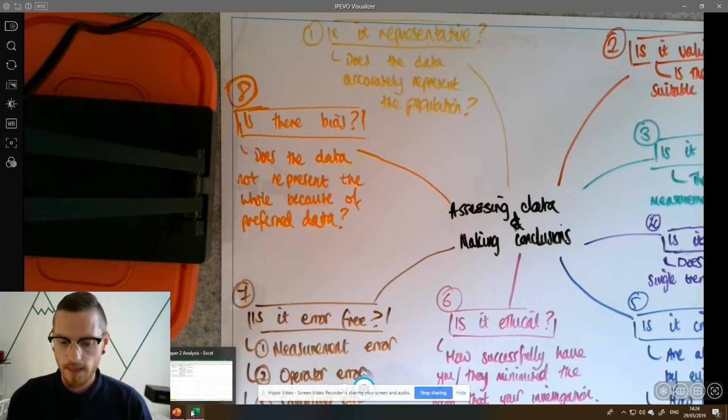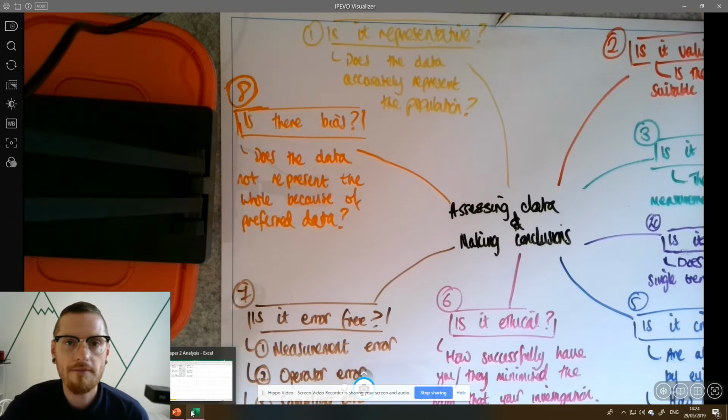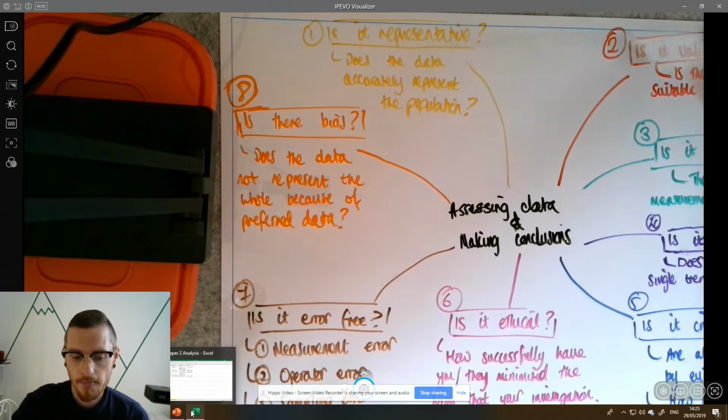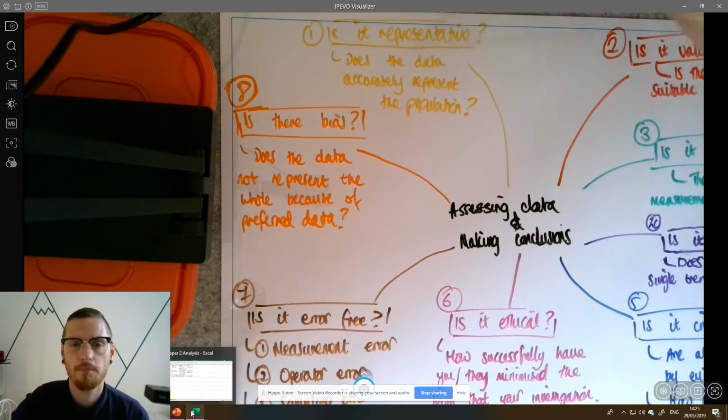All right, so questions to ask yourself. Number 1, if this is the conclusion or evaluation or results or methods of collection, is it representative? And use that phrase, representative. What that means is, does the data accurately represent the population?